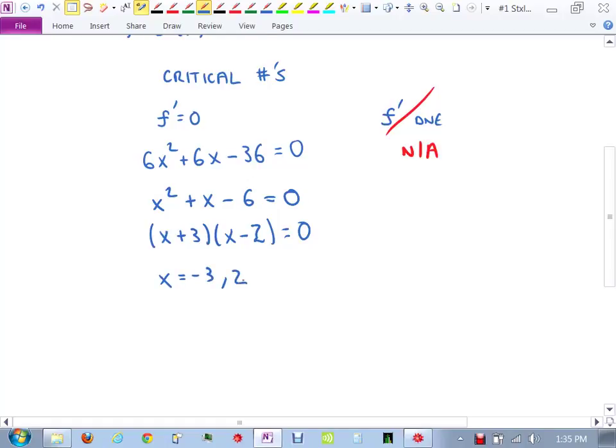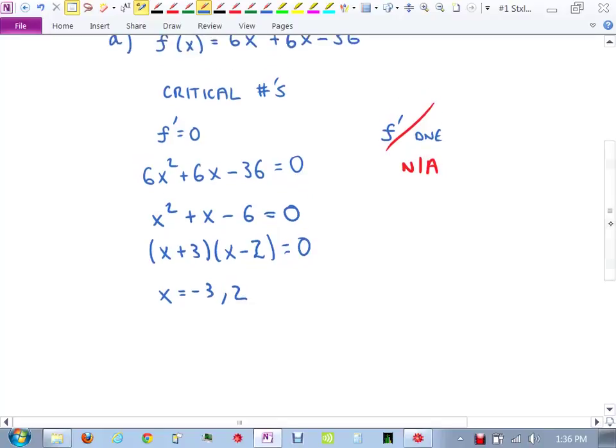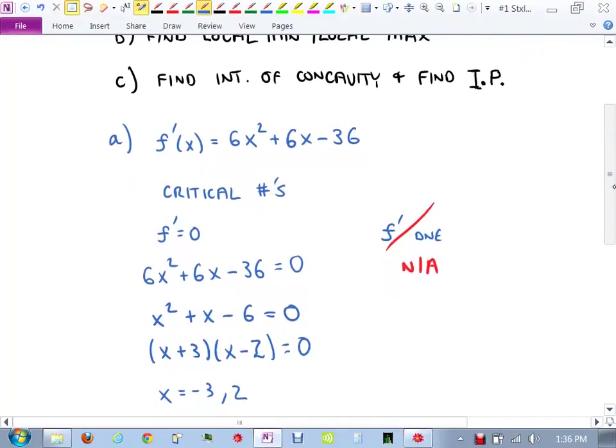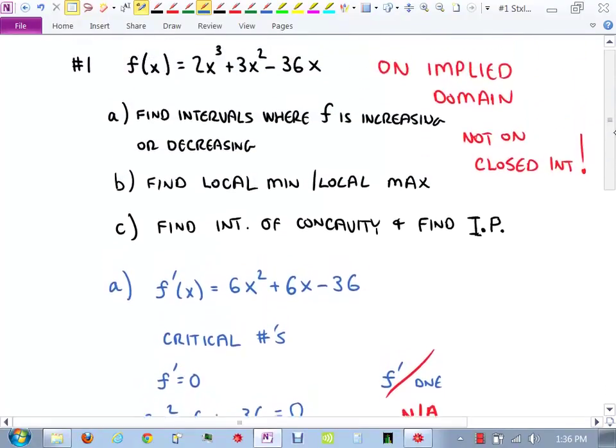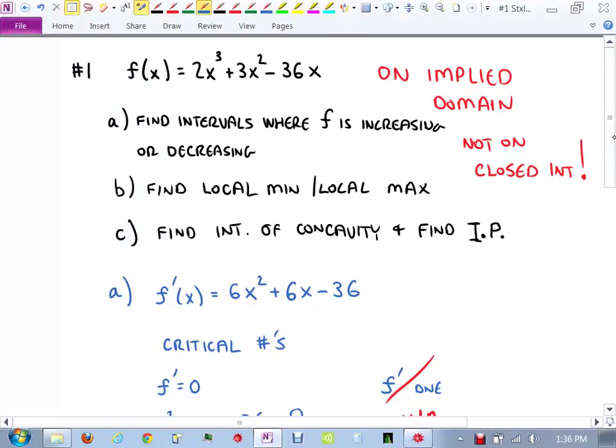And see, this time we don't have an interval, right? So we don't have to check to say, oh, do those numbers live in that interval? We're going to have to look at both of them. Any questions up to this point?